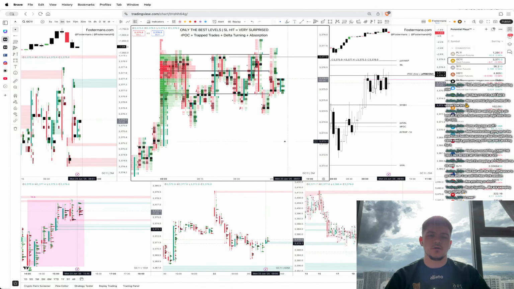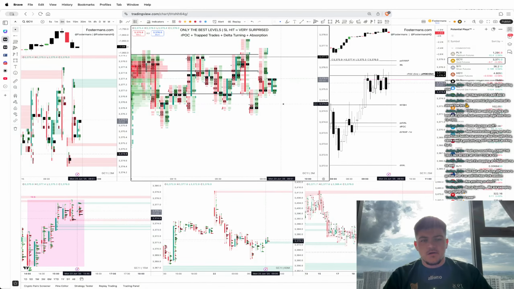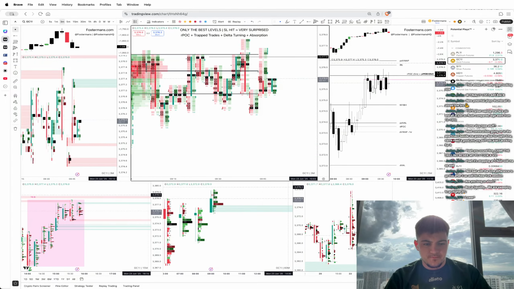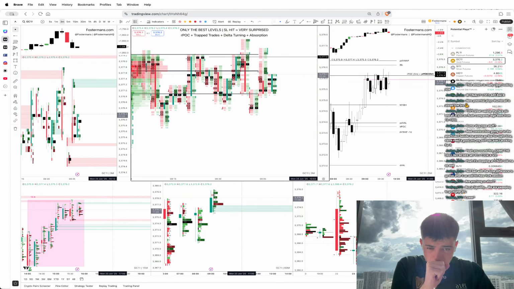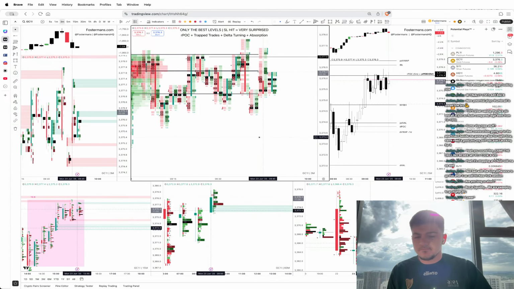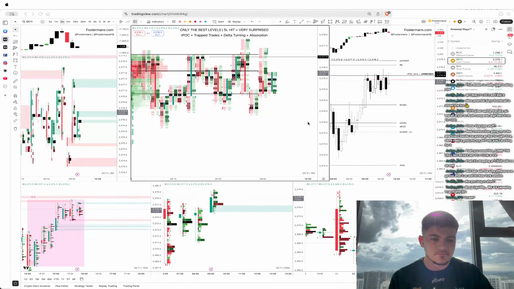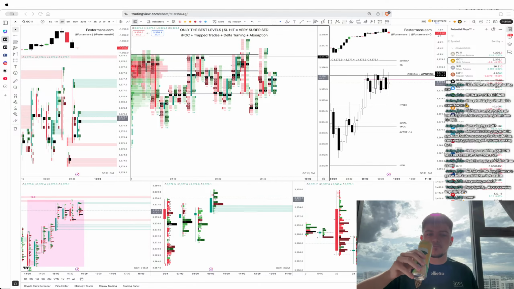Again, just hovering around this value area. Just tap that POC.